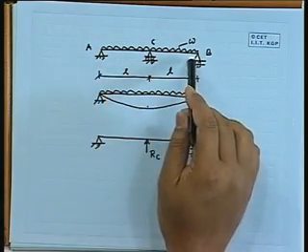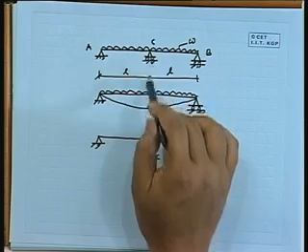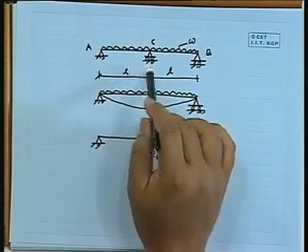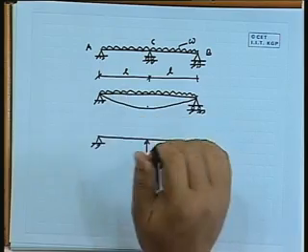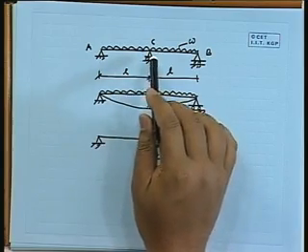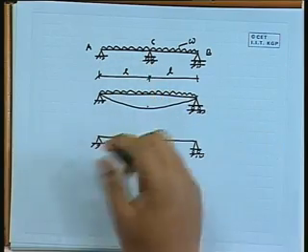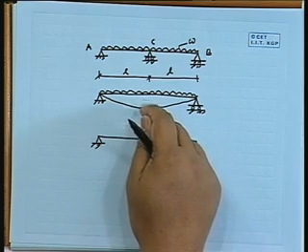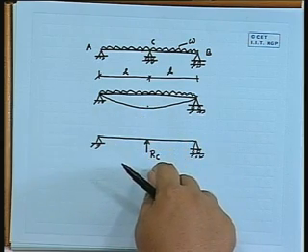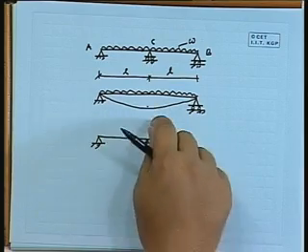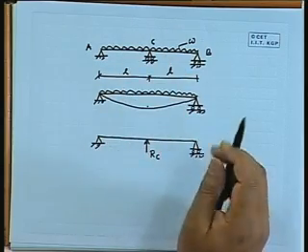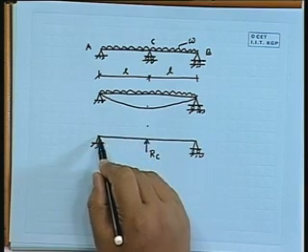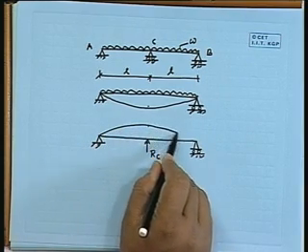So, in the actual case this omega will be there, plus there will be a reactive force at C due to this roller support. So, if we want to remove that, we have to take the effect of that in the form of some reactive force. So, that is R_C. So, that we are putting in the second level. So, if we combine, we are supposed to get the actual structure. Now, due to R_C, the beam should deform like this.